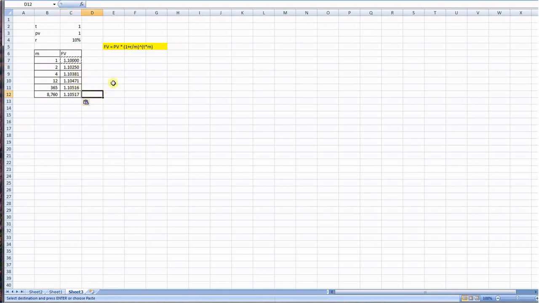Let me show you what is exponential. Exponential is a mathematical function which has very interesting characteristics. Magically, the exponential of the interest rate multiplied by time will become very close to the compounding hourly result.